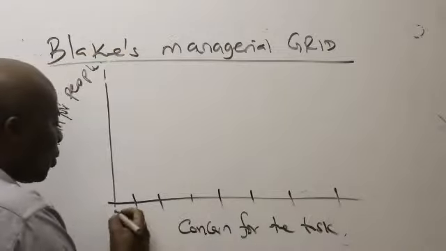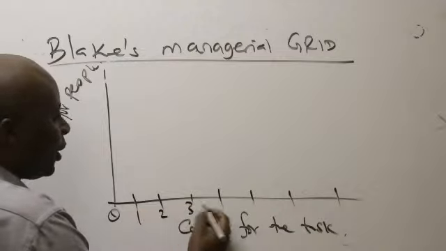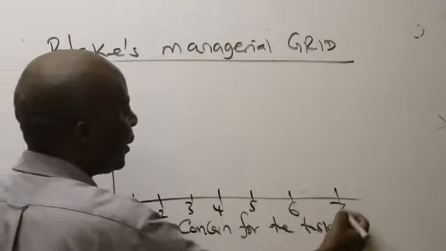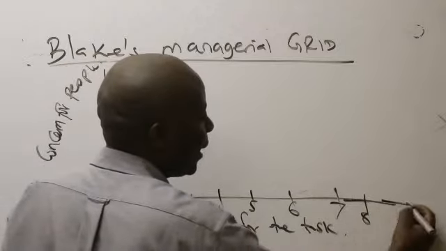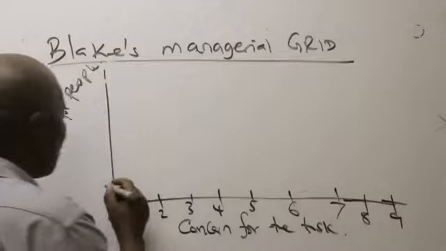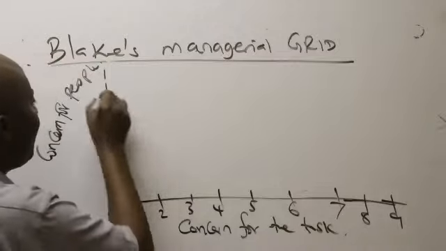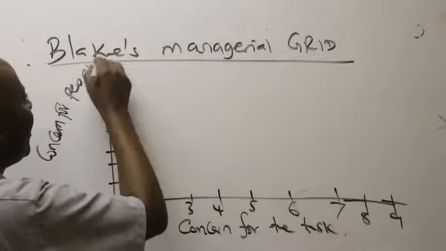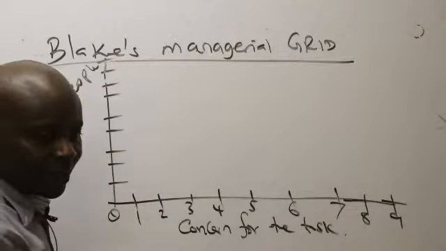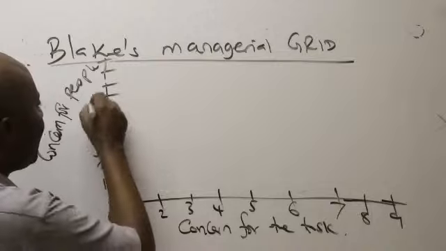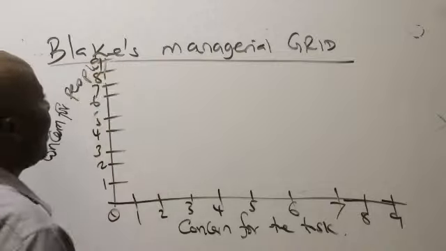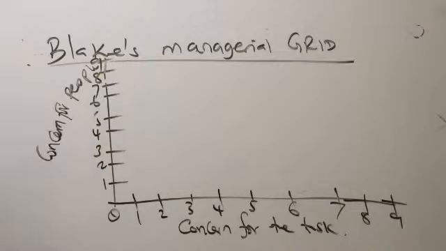So of course we have 0 there, then 1, 2, 3, 4, 5, 6, 7, 8, and 9, up to 9 or 10.